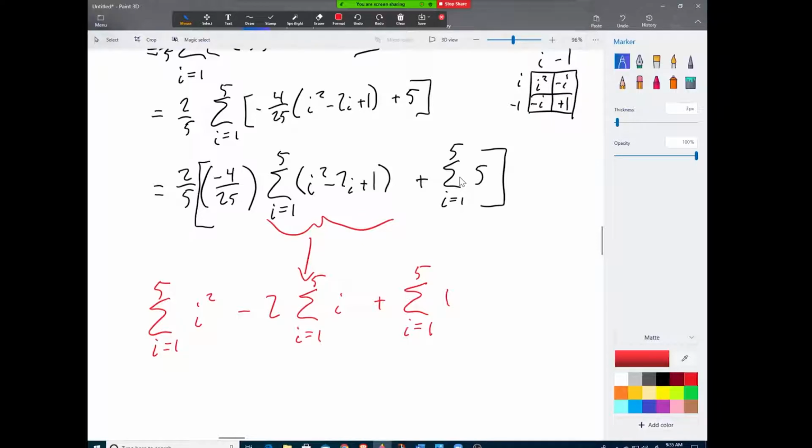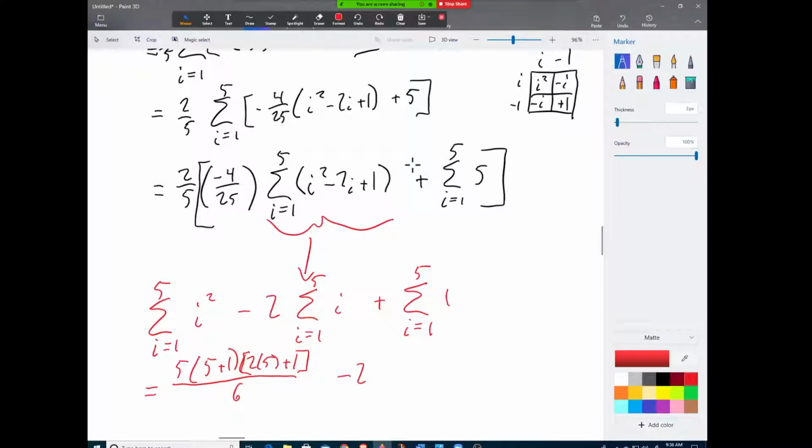Okay, last time I taught you that the sum from I equals 1 to any number of I squared is going to equal the number of boxes times the number of boxes plus 1 times 2 times the number of boxes plus 1, all over 6.